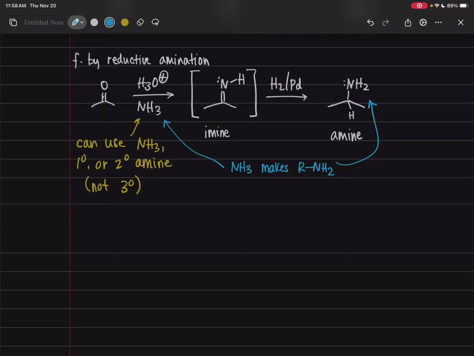Okay, let's look at an example. Let's use methylamine as our nitrogen source.